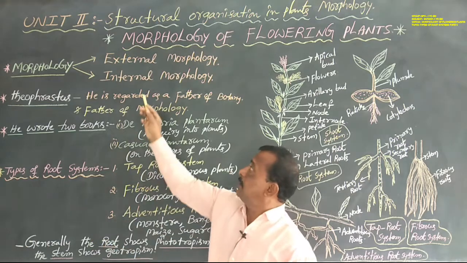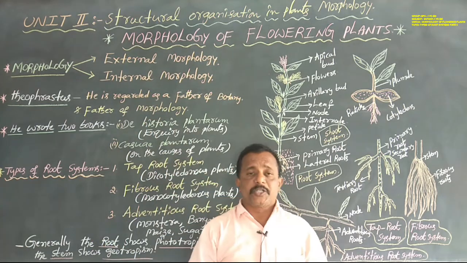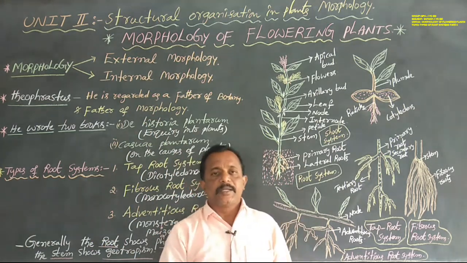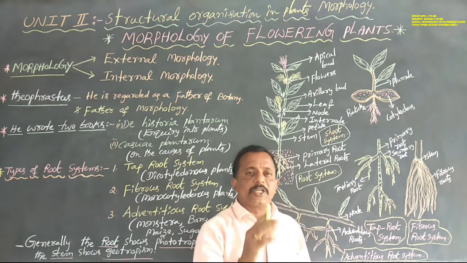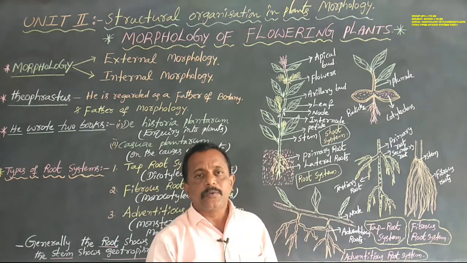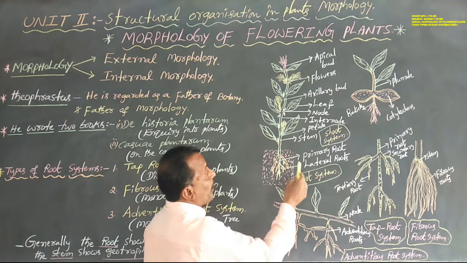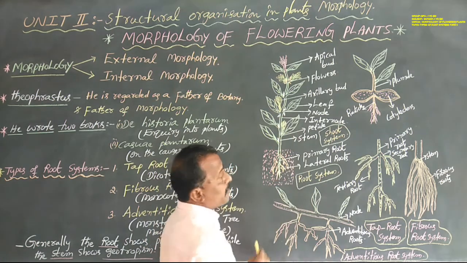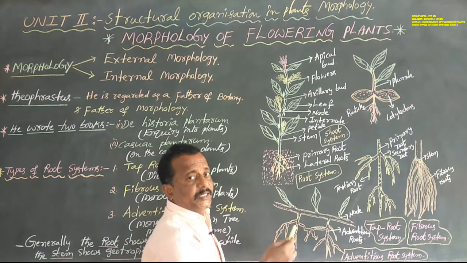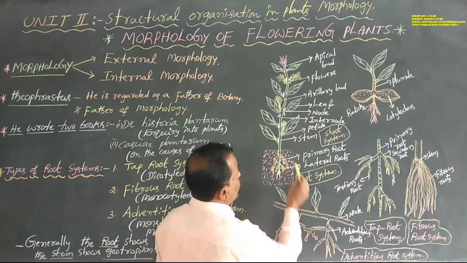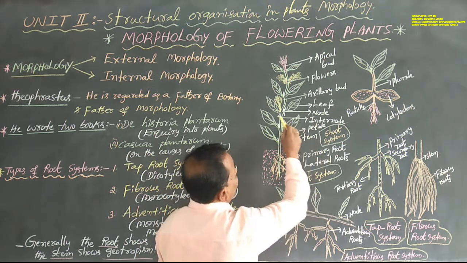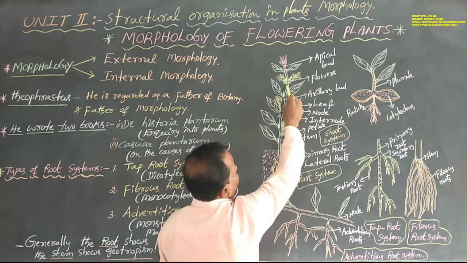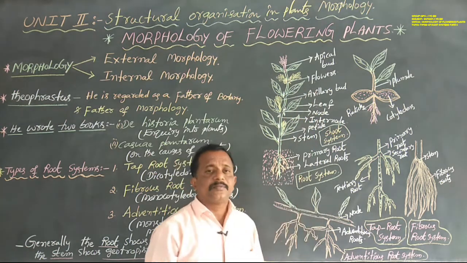Next we are going to internal morphology. It deals with the study and description of internal structures of plant organs, that is internal structure of root, internal structure of stem, internal structure of leaf and internal structure of flower.